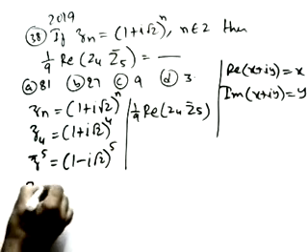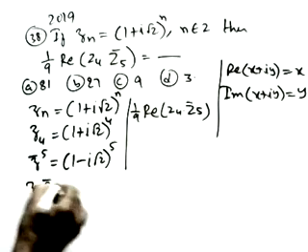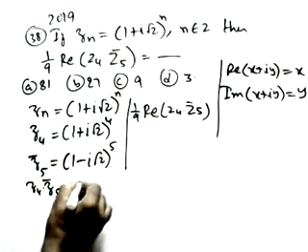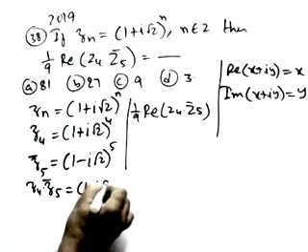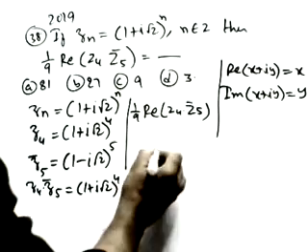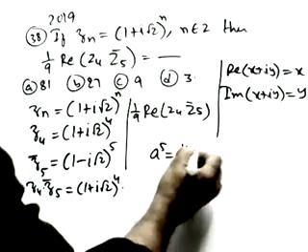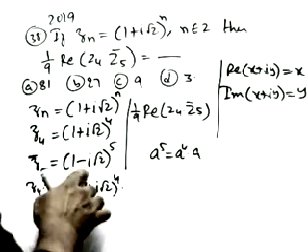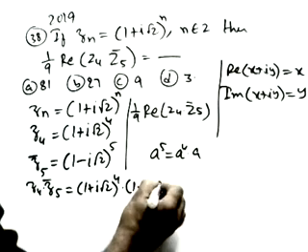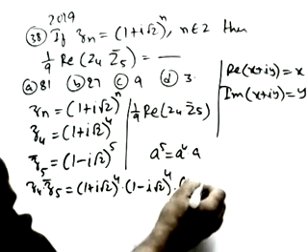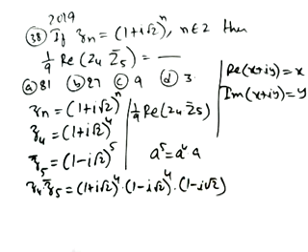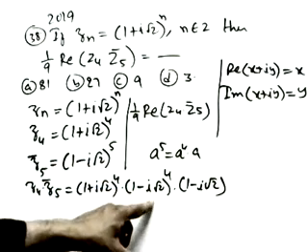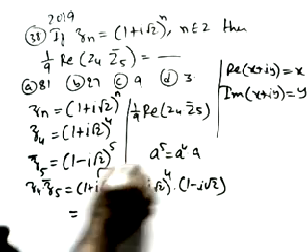So let me multiply this: Z4 into Z bar 5 equals (1 plus i root 2) whole power 4 into (1 minus i root 2) whole power 5. Can we write a power 5 equals a power 4 into a? So (1 minus i root 2) whole power 5 can be written as power 4 into this.